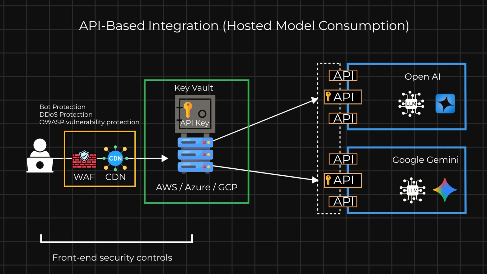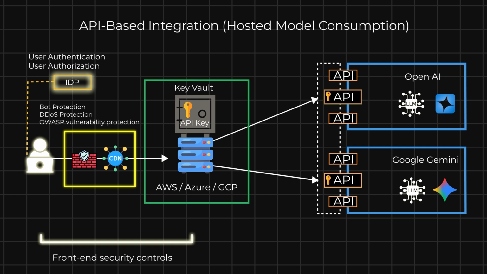In addition to this, you should enforce user authentication and authorization through an IDP, identity provider. You could use a provider such as Okta or Entra ID based on the type of setup that you have. And that now takes care of the front-end security.